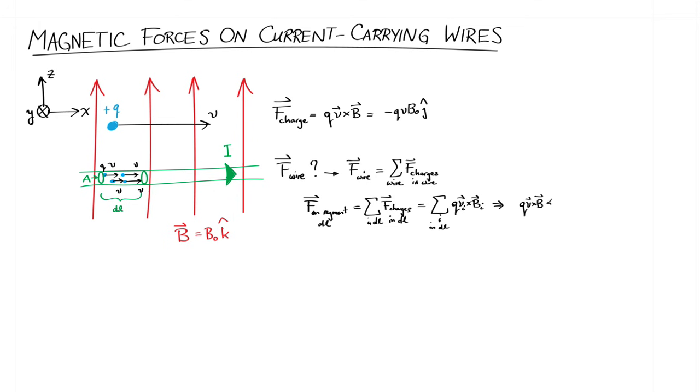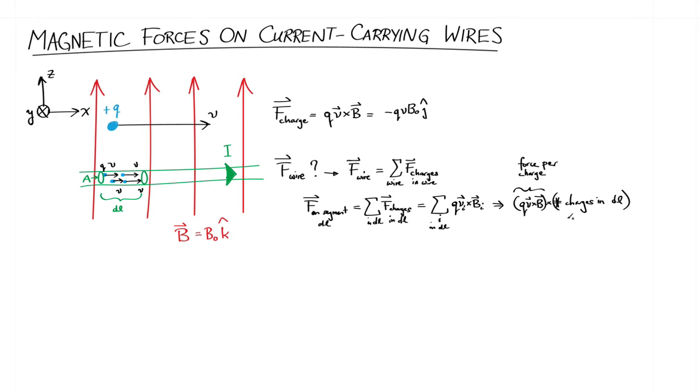And so this is going to be times the total number. So this is the force per charge, times the number of charges in DL. And pardon my crappy handwriting.